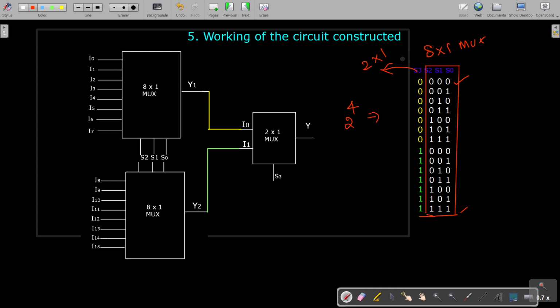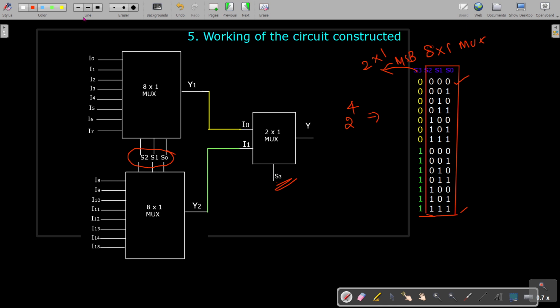So this MSB selection input is acting as the selection input for this 2 by 1 MUX. Okay. Remaining S2, S1, S0 are the selection input of this 8 by 1 MUX. That's why I have separated them and differentiated them using different colors.